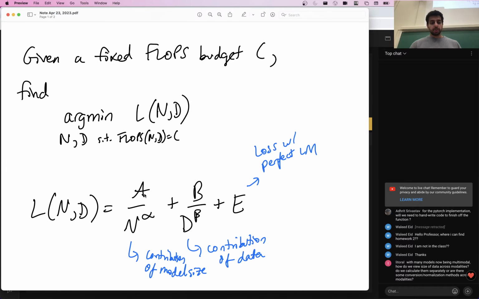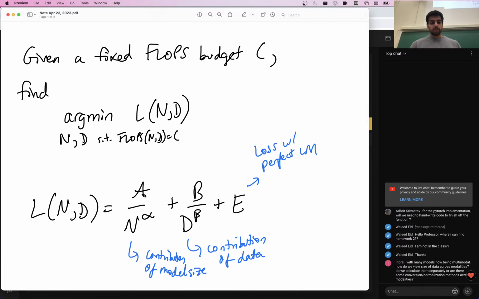Our loss would not be zero, right? Our test loss just cannot be zero because we know how language works, right? At any point, if I have a prefix and I want to predict the next word, there are going to be many plausible choices for most prefixes, even given all the context you could possibly give the model. So even the best language model will have some non-zero loss, right?